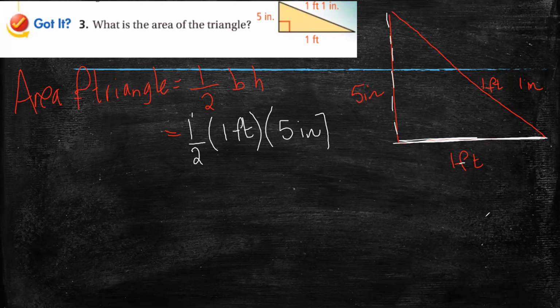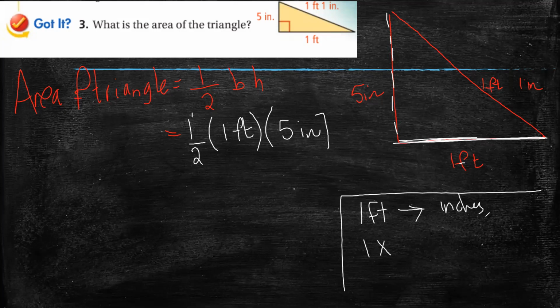Let's now convert the feet to inches. Here it is 5 inches and the base is 1 foot. How can we convert the feet to inches? By multiplying by 12. Each 1 foot is 12 inches.